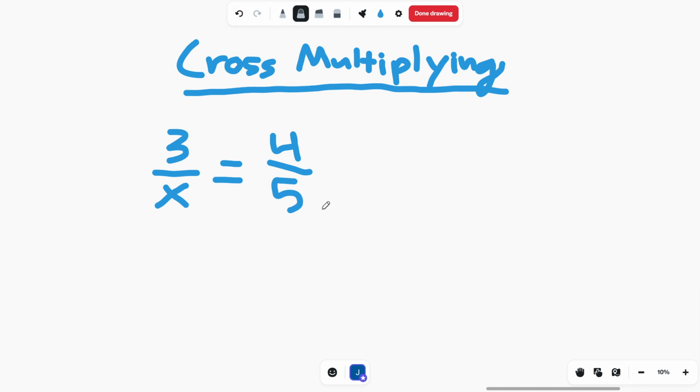Now, cross multiplication is something that's very interesting because it can be used for calculating percentages. It can be used for figuring out how things are equivalent, a very common concept used in geometry. And it's something that's very helpful when it comes to understanding how things are equivalent or are potentially equivalent to one another.